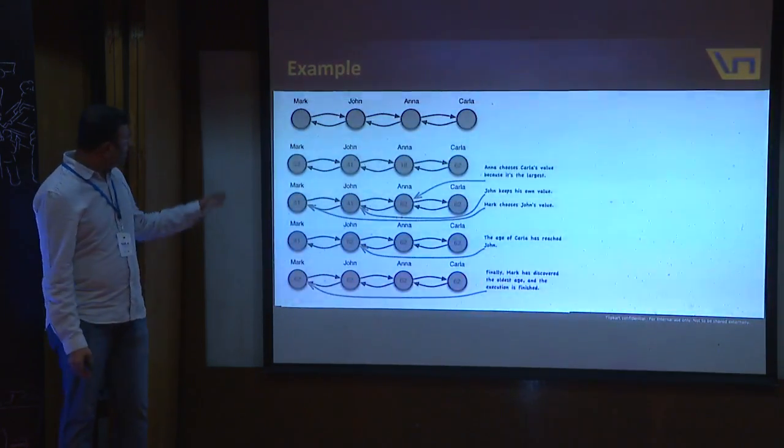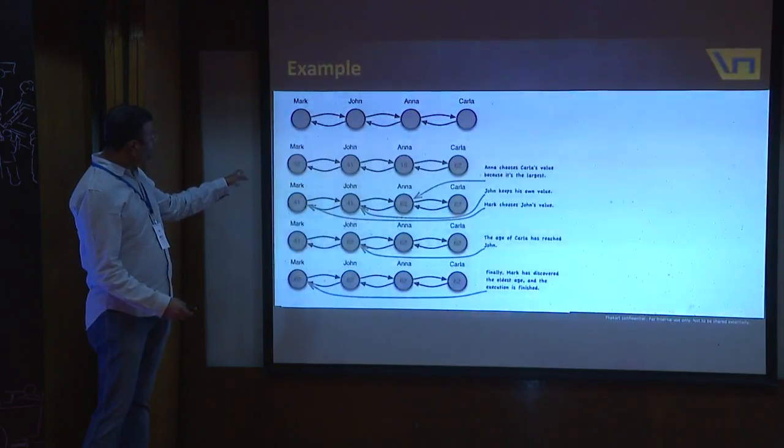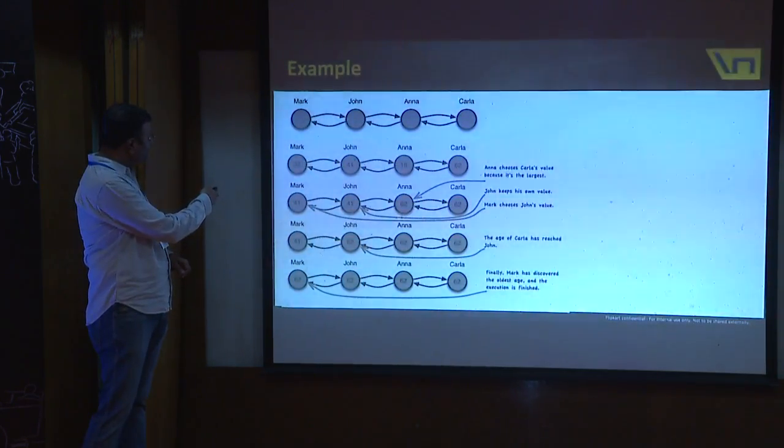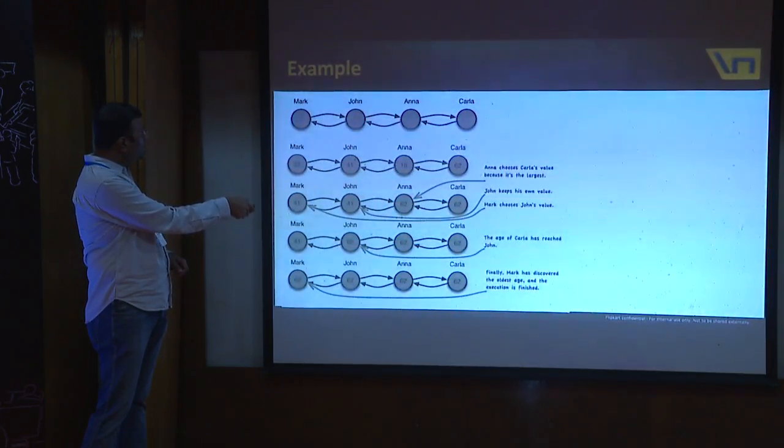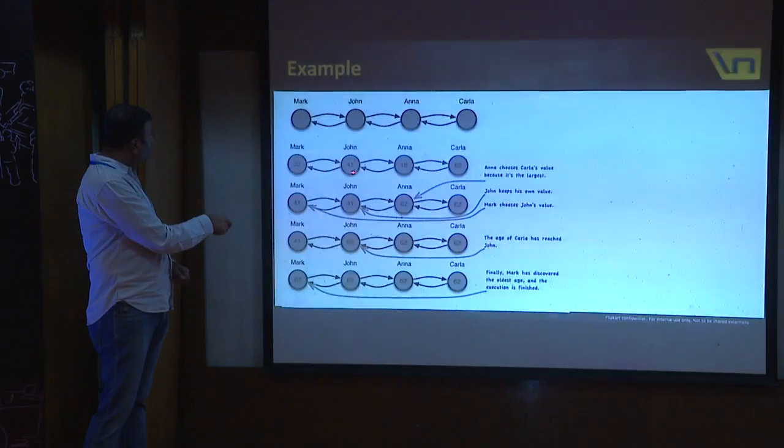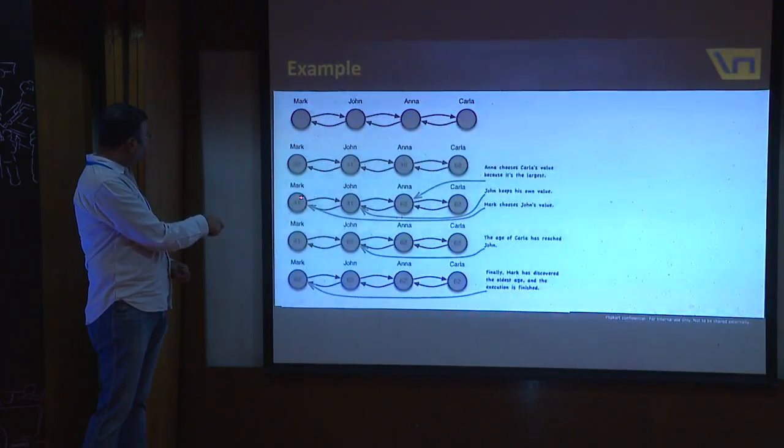So in the first step, John sends a message of 41 to Mark and Anna. Anna sends a message of 18 to John and Clara. Clara sends a message saying 62 to Anna. Mark sends a message to John. In this case, John gets a message of 18 from Anna and 32 from Mark.